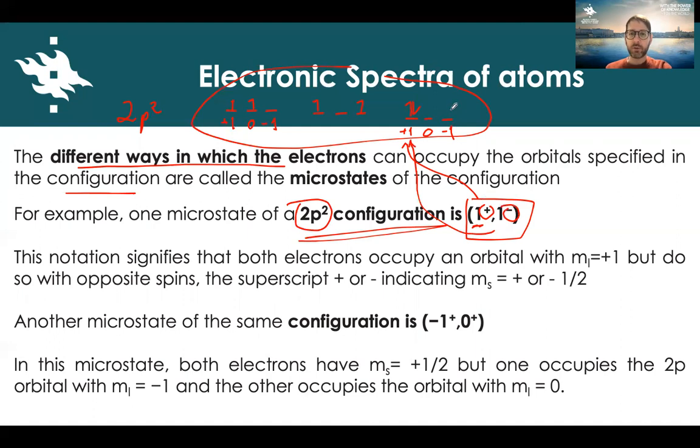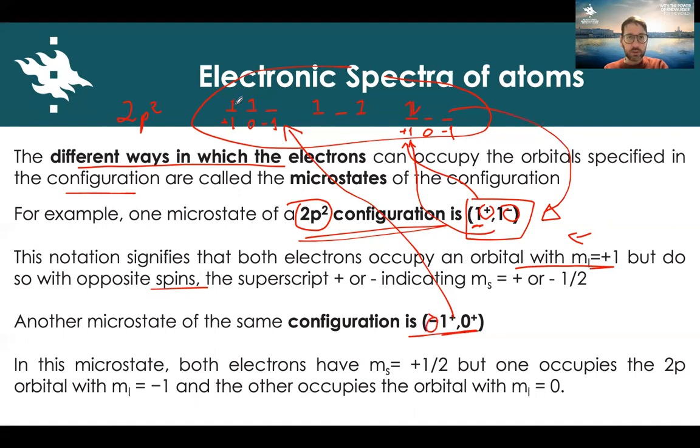So both electrons occupy an orbital with ML plus 1, but with opposite spins. Here, oh no, there's a -1 here.